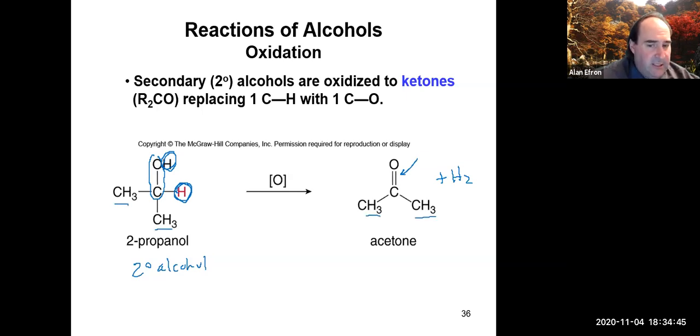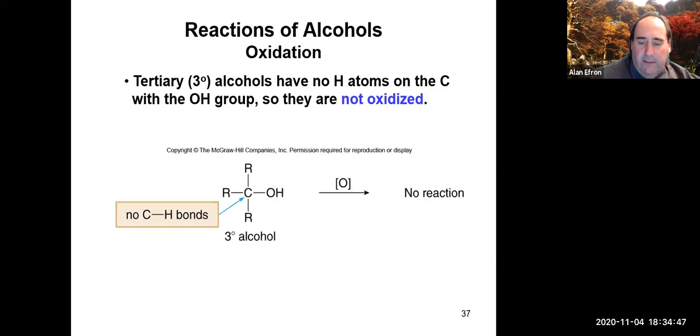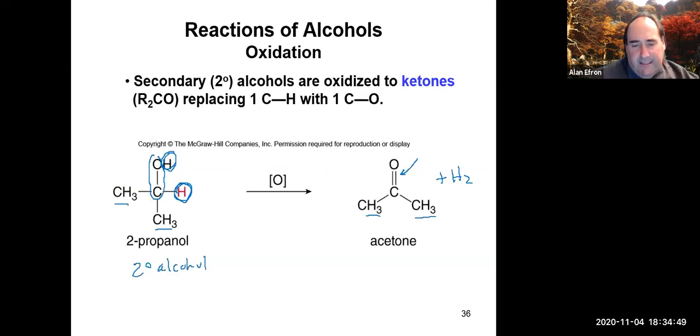Nothing else changes other than that. And when you do this reaction here, this is a secondary alcohol. This goes to what is known as a ketone. And that is a carbon, carbon, carbon, 3 carbons in a row with an oxygen double bond in the middle. And if we oxidize our secondary, we do get that ketone.